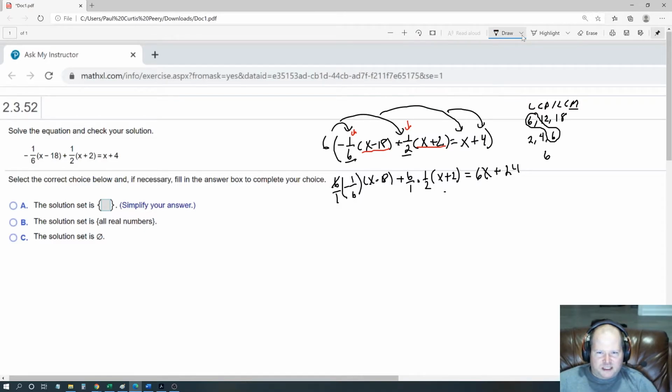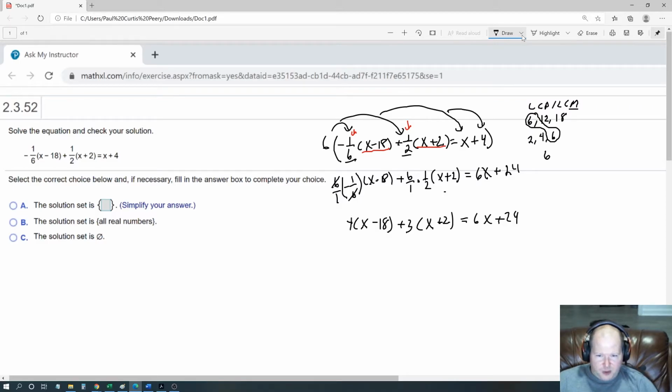The 6 and the 6 cancel out, leaving negative 1 over 1, which gives negative (x minus 18). Dividing 6 by 2 gives 3, so we have 3 times (x plus 2), equals 6x plus 24.